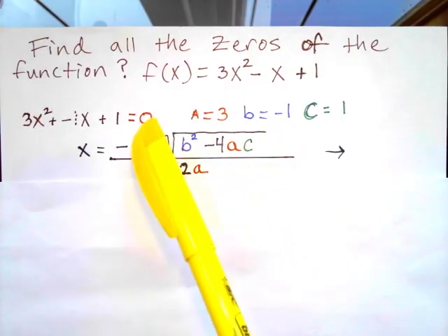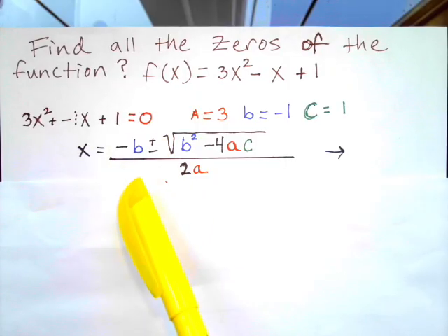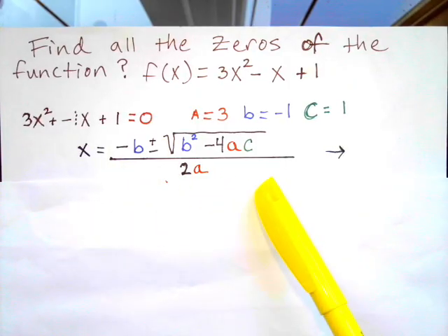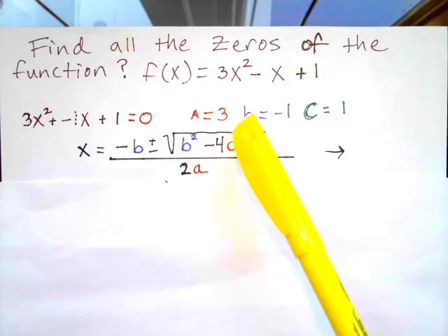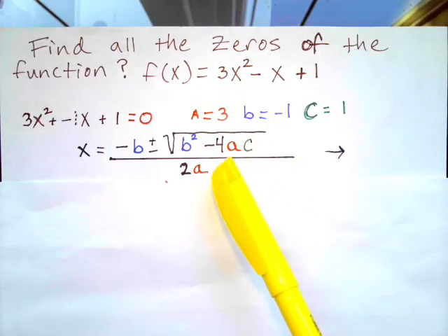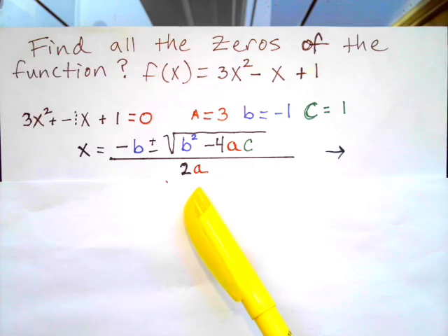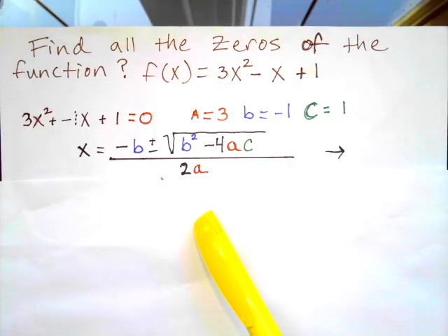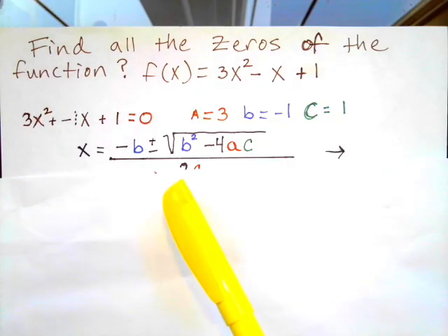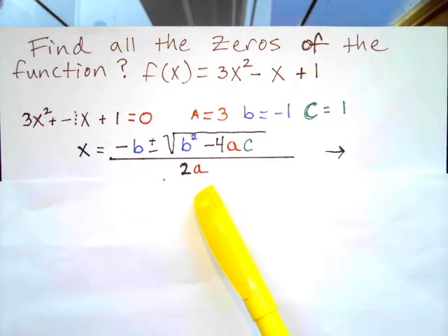And remember, because I set this equal to 0, my final two values, we have this to the power of 2. That means there'll be two zeros of the function for this answer. It will already be the answer to the question of finding the zeros. I don't need to solve for x. It'll already be solved in 0 form. So let's just get started.